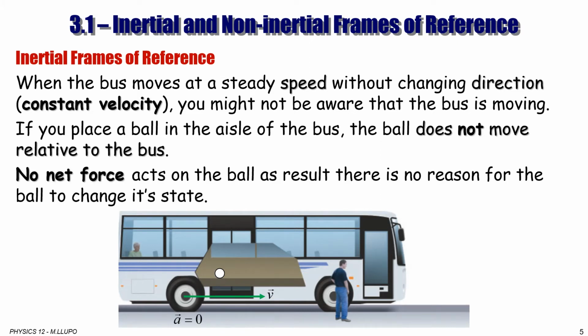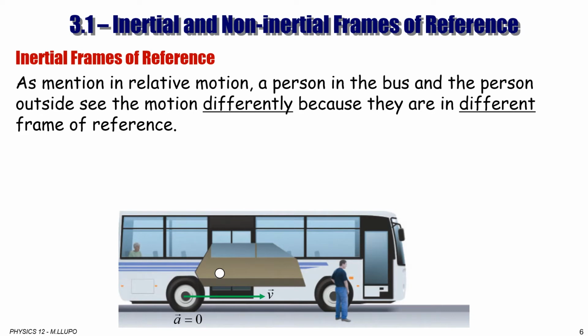However, there is one thing. Acceleration is zero. So no net force acts on the ball. As a result, there is no reason for the ball to change its state. As we mentioned in relative motion, the person in a bus or in a train or in an airplane and the person outside on the ground see the motion differently because they are in different frames of reference, different points of view.